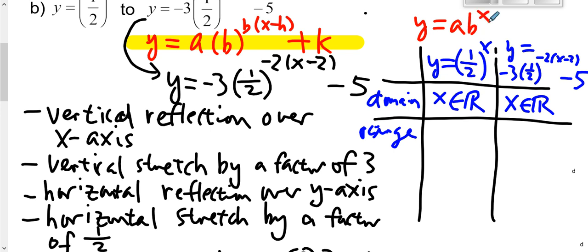So in this case, you can simply look at the invisible number in front. Your b, the base, is 1/2, your exponent is x, so the invisible number is 1. Okay, so y is greater than 0. And if you look at your graph for this one here, the range is y is less than -5.